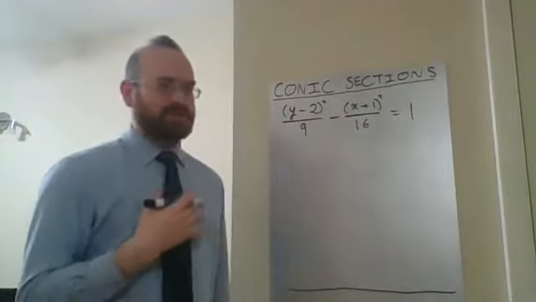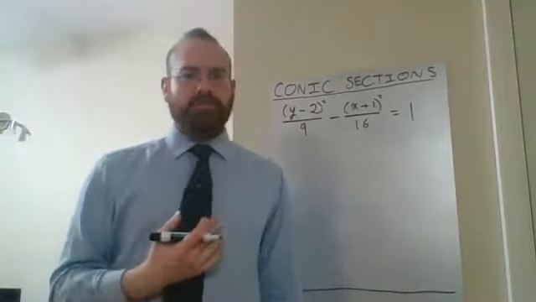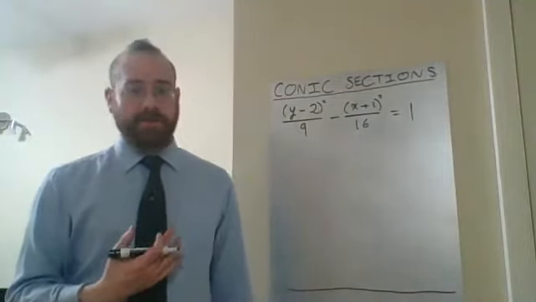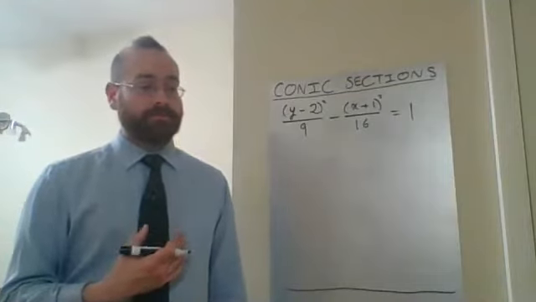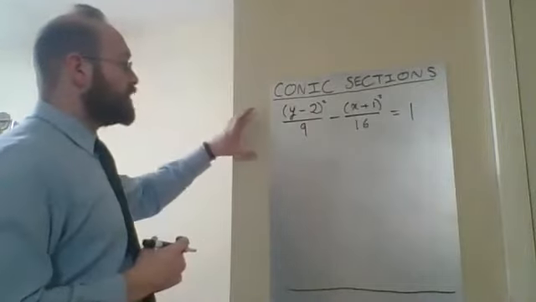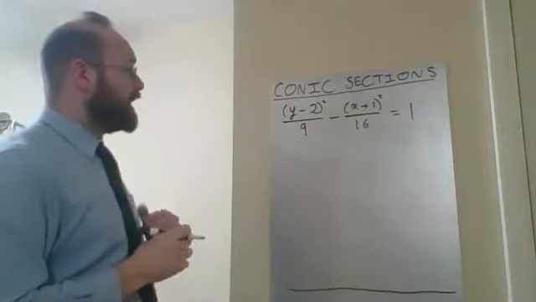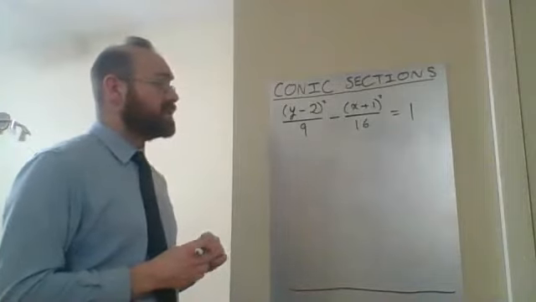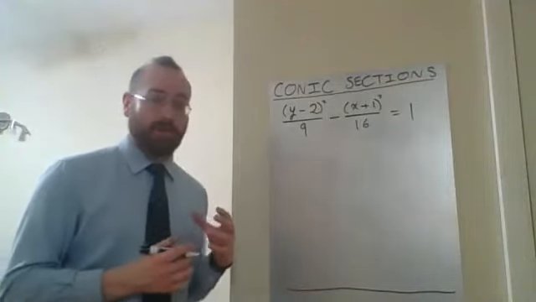Now, some of these numbers might sound a little bit familiar. To make it work out a little bit more nicely, I am using a Pythagorean triple, but we'll see how it all works out. So our equation is y minus 2 squared over 9 minus x plus 1 squared over 16 equals 1. This is the hyperbola we're going to graph.